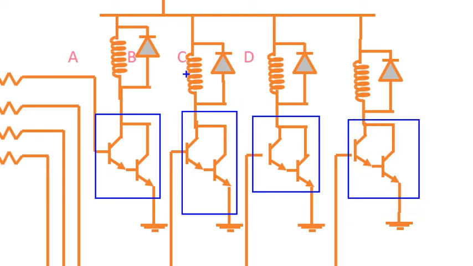Again they are misplaced, so just bother about that one. This one is going to be the A coil, this one is going to be the B coil, this one is going to be the C coil, and this one is going to be the D coil, right?